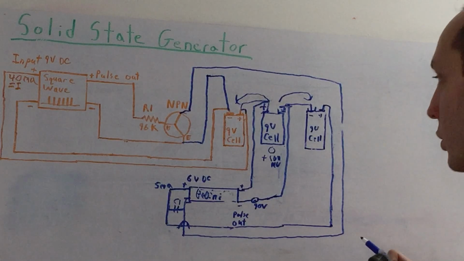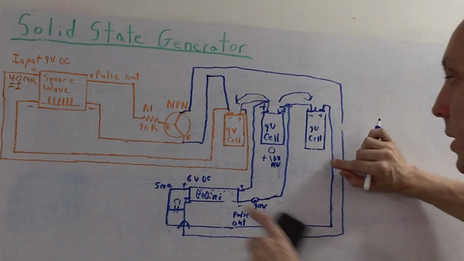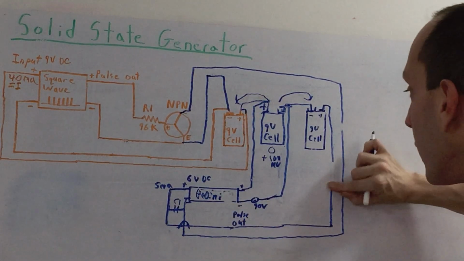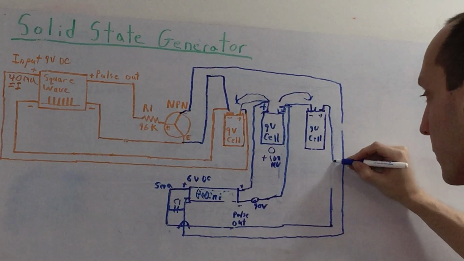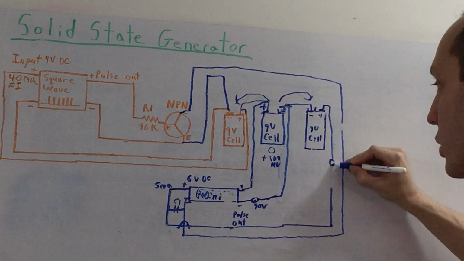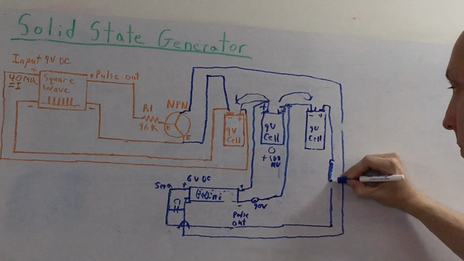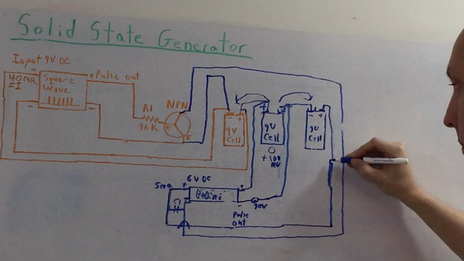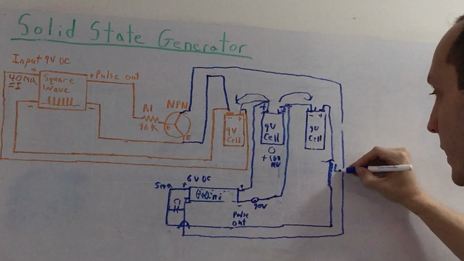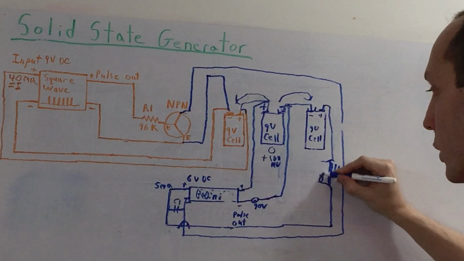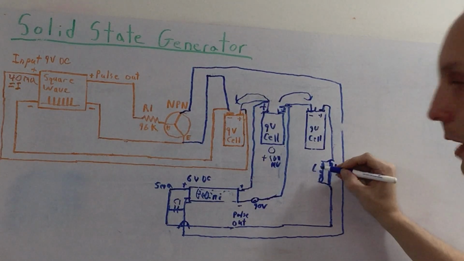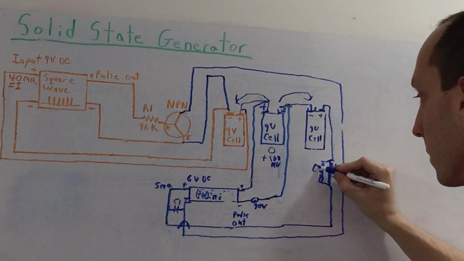So all you have to do is, on the plus side here that's feeding the Bedini, add an additional transformer stage here with L1, and here would be L2, and I've shown this in another video.